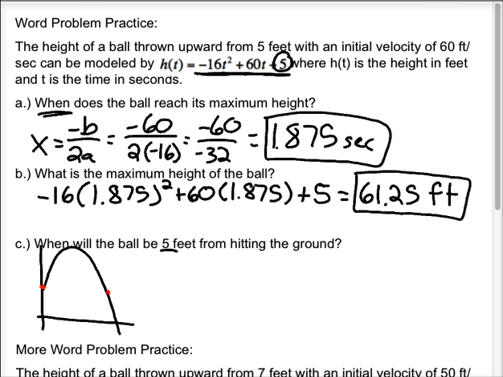So what I want you to picture when you get asked questions like this, when it's going to be back to that same height? Well, you know this distance is 1.875 to the vertex. Well, isn't the rest of the way, because you're going back to that same height, just twice that? It's another 1.875.